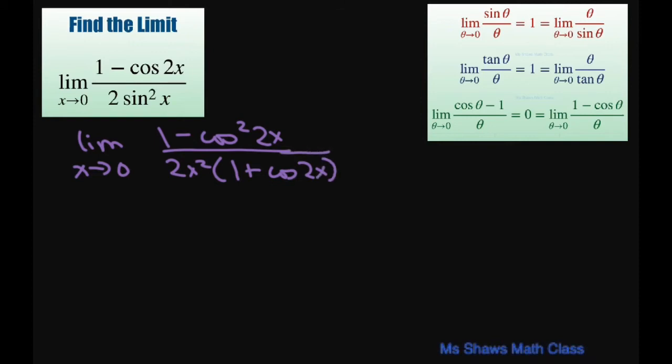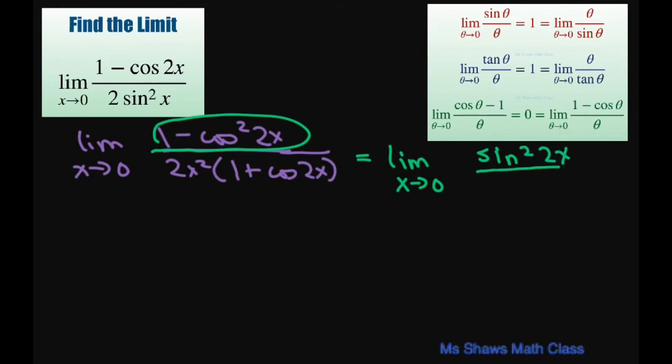Alright, now the numerator here is just going to equal sine squared of 2x using your Pythagorean identities. So just substitute that in. So this is going to be sine squared of 2x divided by 2x squared times 1 plus cosine of 2x.